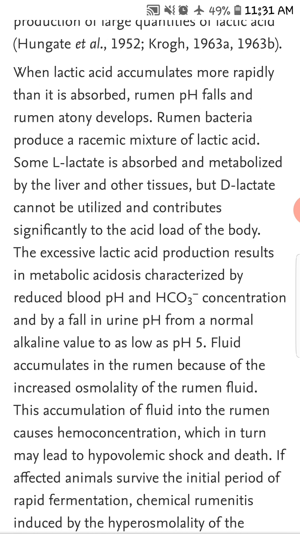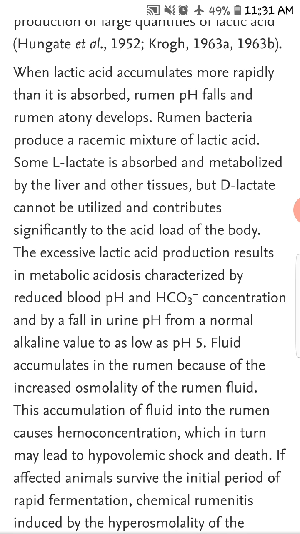While lactic acid accumulates more rapidly than it is absorbed, rumen pH falls, to approximately 4.5 to 5.3, and due to the fall in rumen pH, the rumen becomes acidic and rumen atony develops.